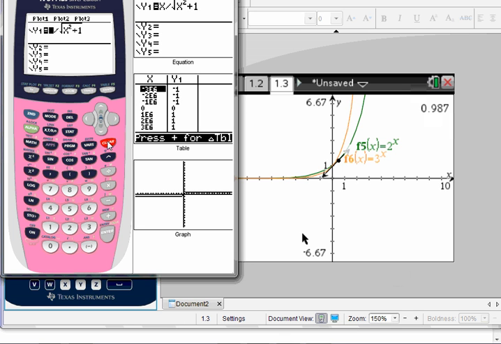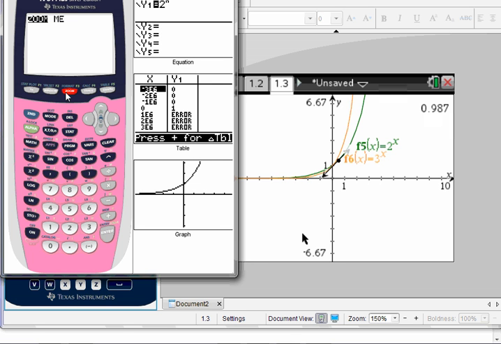So I'm going to clear that out, and let's just do 2 to the x. And we're going to zoom at 4. I might want my y values to be taller, so I don't want zoom, I want window. Okay, you guys, in the front, graph.